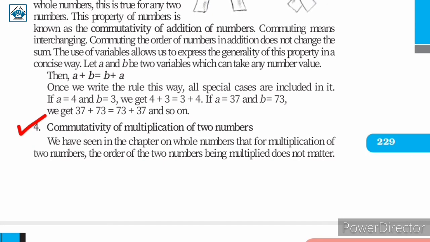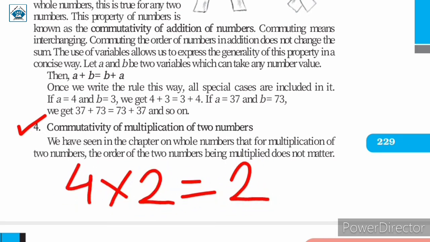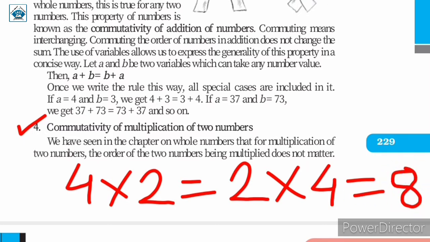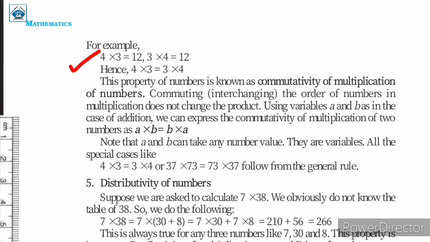Commutativity of multiplication of two numbers. We have seen that 4 multiplied by 2 is equal to 2 multiplied by 4 in the chapter of whole numbers. That is, both these values are equal to 8. Similarly, 4 multiplied by 3 is equal to 3 multiplied by 4.